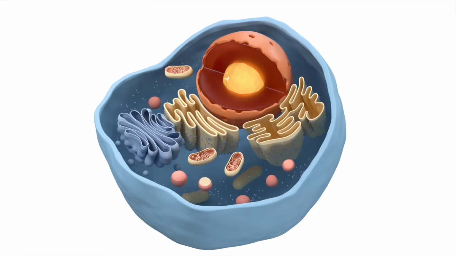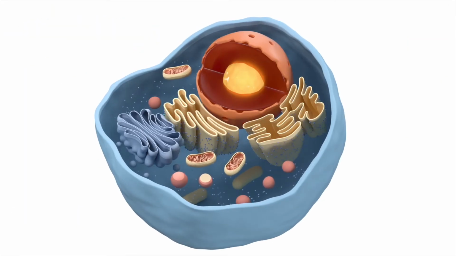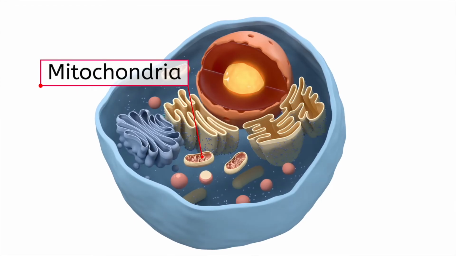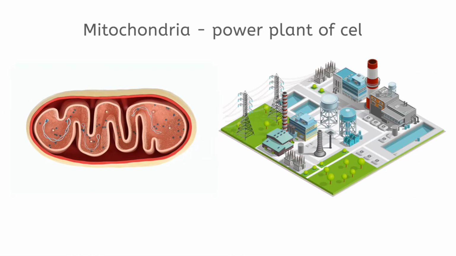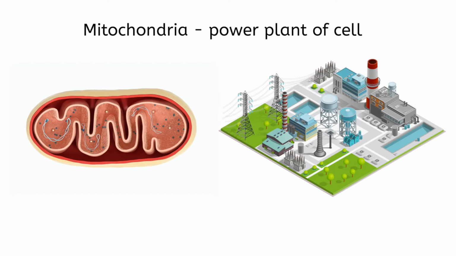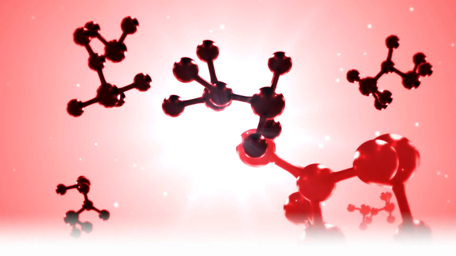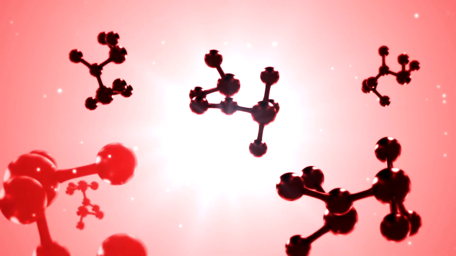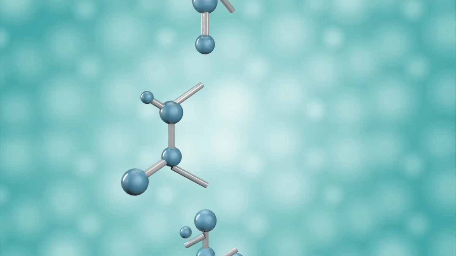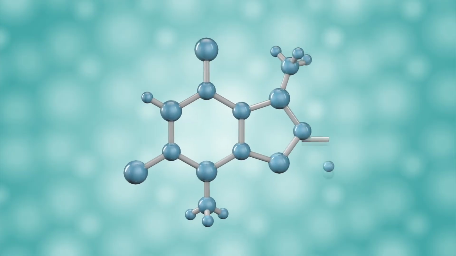The energy in your cells comes from another organelle, the mitochondria. The mitochondria is like the power plant of the cell, turning the food you eat into usable energy. Sometimes the cell has molecules it doesn't need anymore, but it may need some of the smaller pieces that make up those molecules.